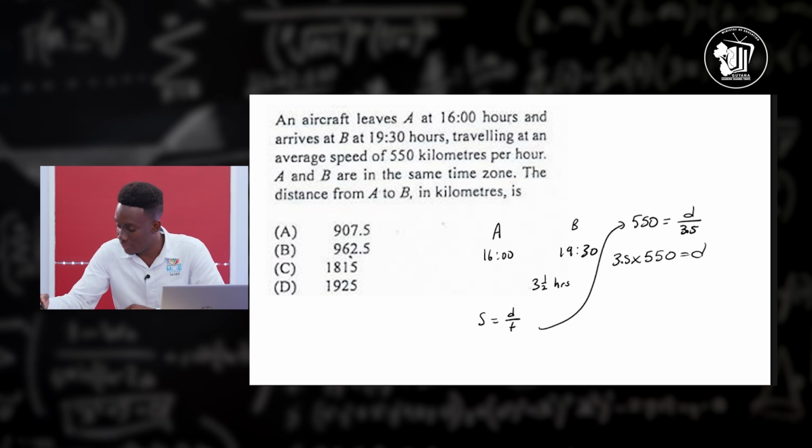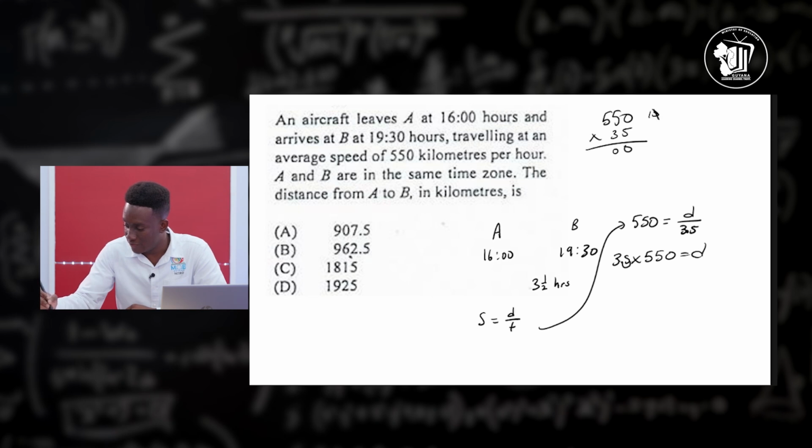I'll do the math at the top here. I can bring this out, so I can have 550 multiplied by 35. I put a 0 here. 3 times 0 is 0. 3 times 5 is 15, so I bring in that 5 here. 3 times 5 is 15 and 1 is 16. 5 times 0 is 0. 5 times 5 is 25, I bring in that 5 here. 5 times 5 is 25, plus 2 would be 27.